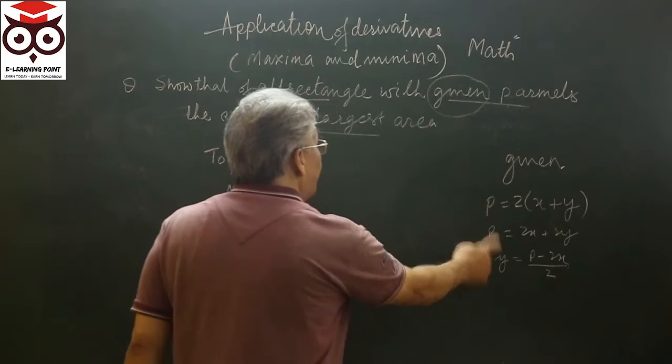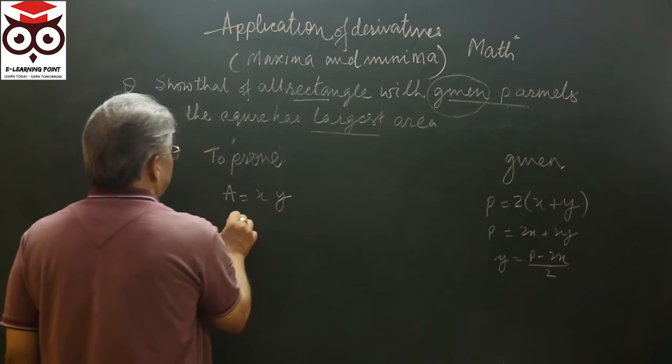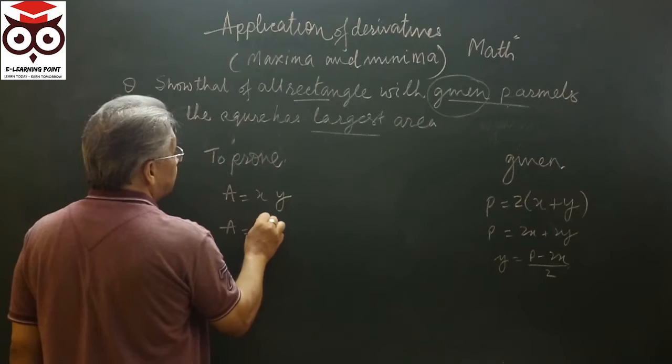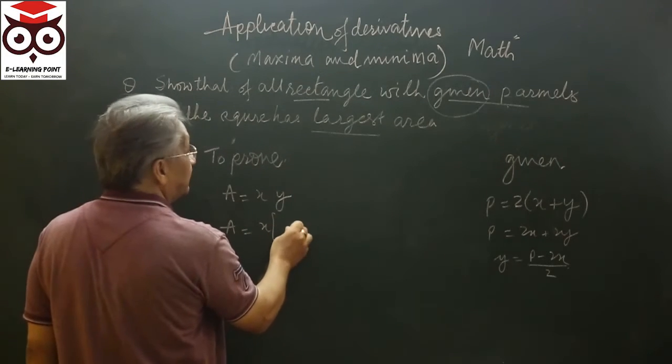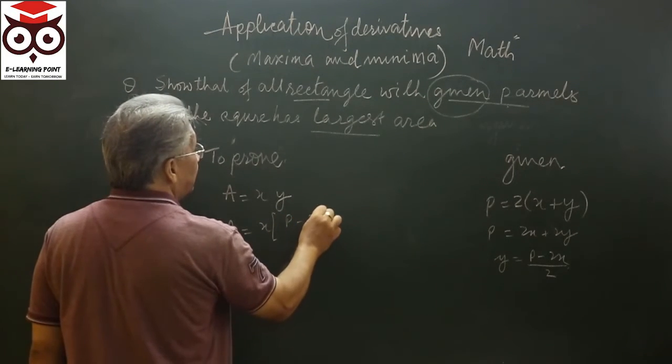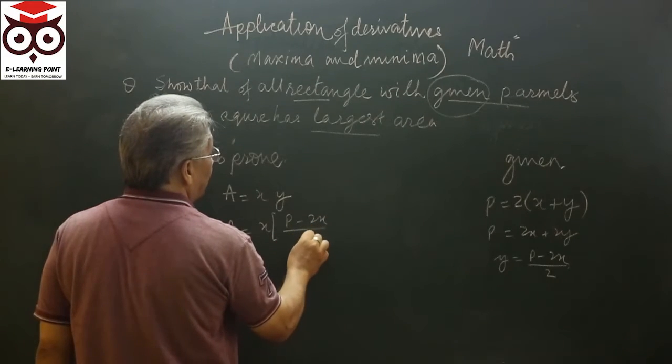Right? Now put this value here. This is x and this is p minus 2x upon 2.